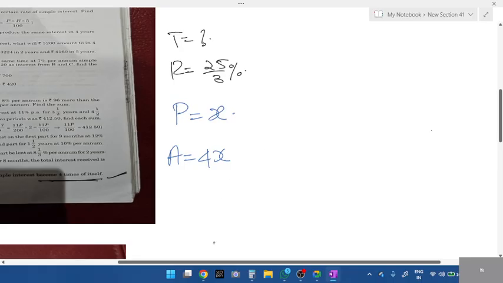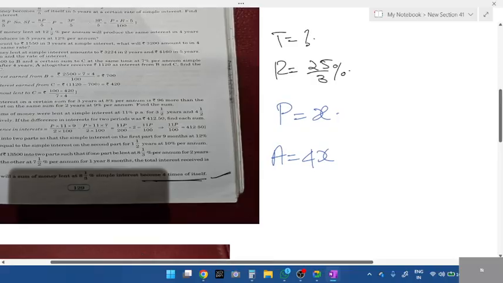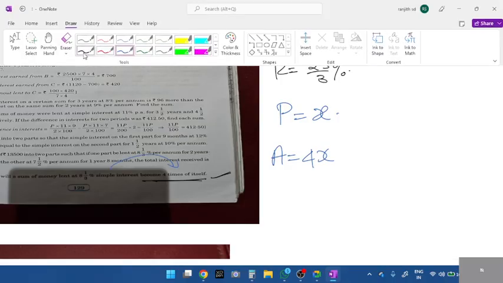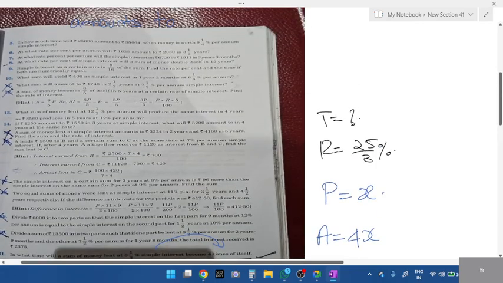Of principal and simple interest. Simple interest becomes 4 times. Previous question, what was it? See, same mistake I have made.